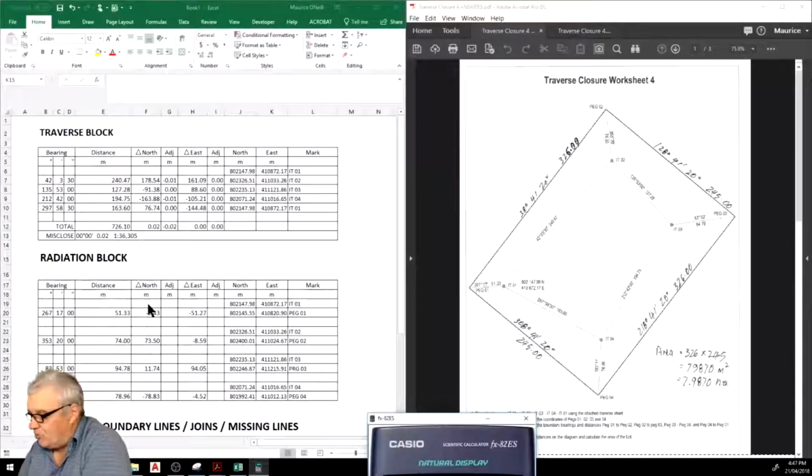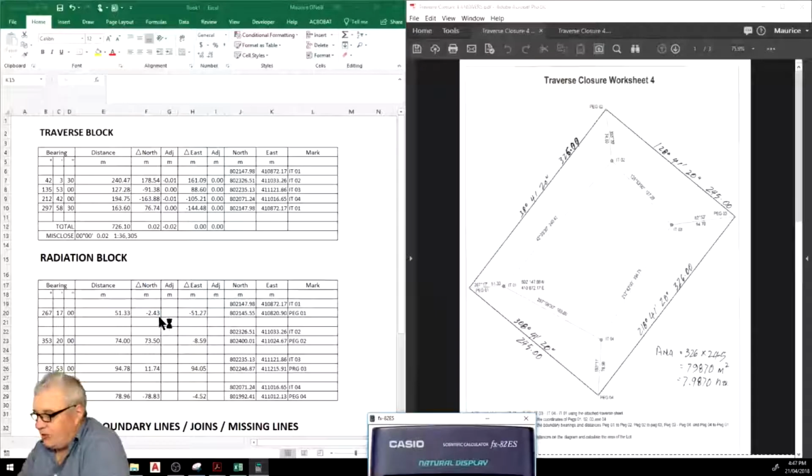Remember that top space is always blank in every block. So this radiation block, top space is always blank because you're going from IT1 to PEG1. So that's 26717. There's that 5133. Now, no adjustment in this. See, this one, its accuracy comes from its network. This one, no adjustment, so you don't have to worry.